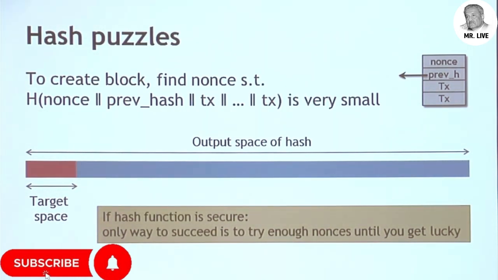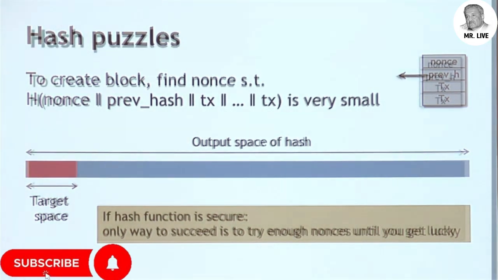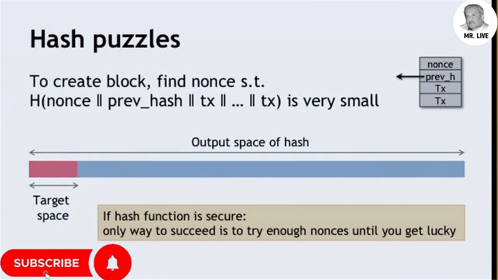And so we believe that if the hash function is secure, then the only way to succeed in solving this hash puzzle is to just try enough nonces one by one until you get lucky. So specifically, if this target space were just 1% of the overall output space, you would have to try about 100 nonces before you got lucky.